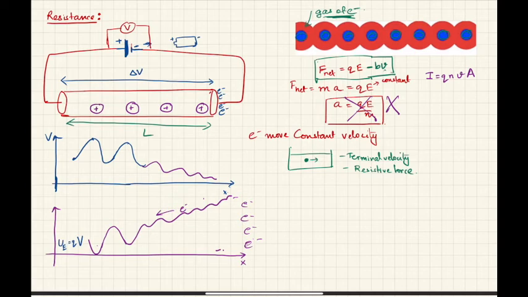Remember that viscous forces, at least for spheres, were proportional to velocity, so we can write something down like this. Okay, if it's moving at terminal velocity, then at terminal velocity the net force is 0, right? And so I can write QE is equal to bv, if I rearrange that equation.